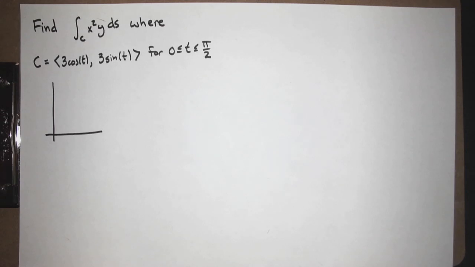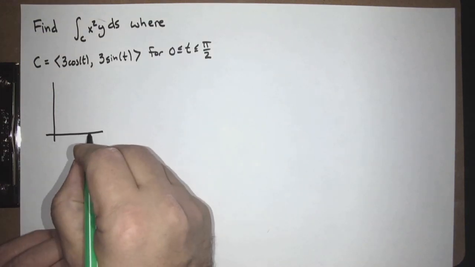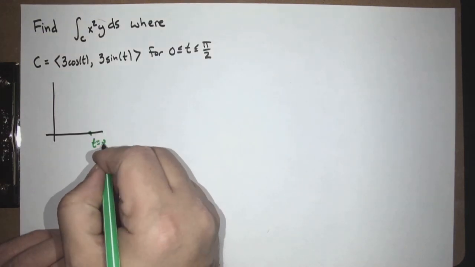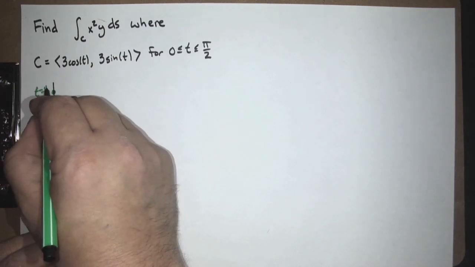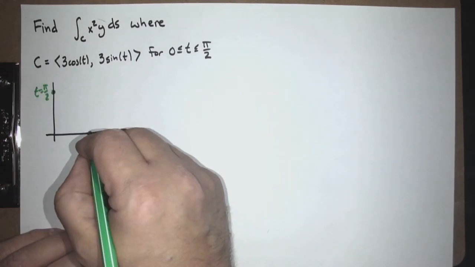What kind of thing has x as the cosine, y as the sine? Circle. What does the 3 do? Yeah, it's a bigger circle, right? Radius 3. So at time 0, we're here. And at time pi halves, we're here. And we're going between the two.